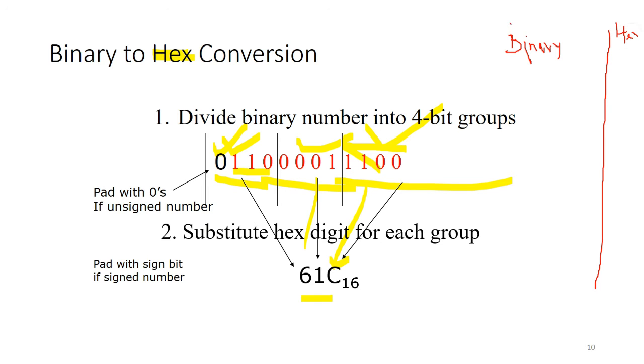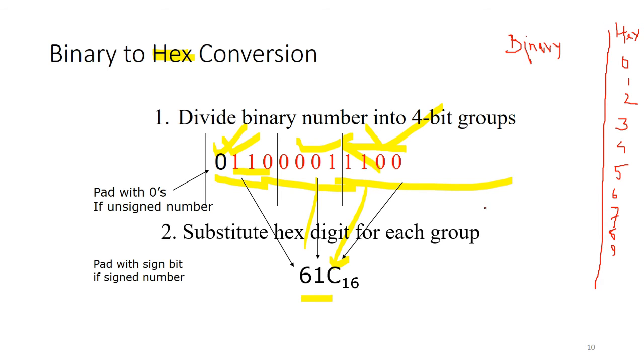In hexadecimal numbers, not octal. In hexadecimal numbers the value starts off with 0, then we have 1, 2, 3, 4, 5, 6, 7, 8, 9.